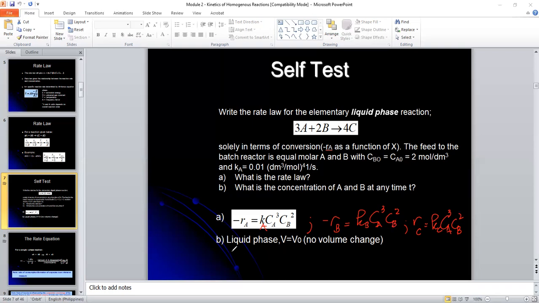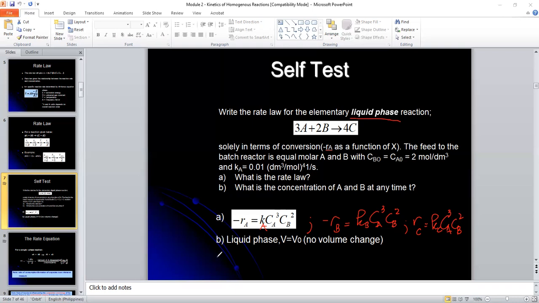Okay, so letter B, liquid phase. When we speak of liquid phase, class, you have to understand that the volume is not going to change. Let me repeat and emphasize this. For liquid phase reactions, the volume of the system inside the reactor will not change.